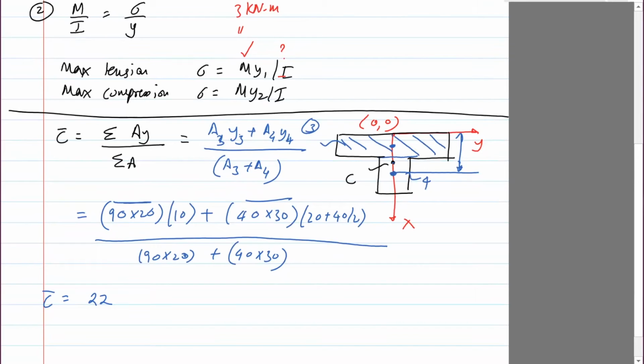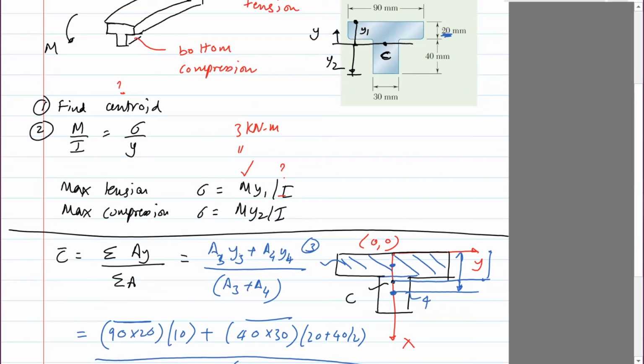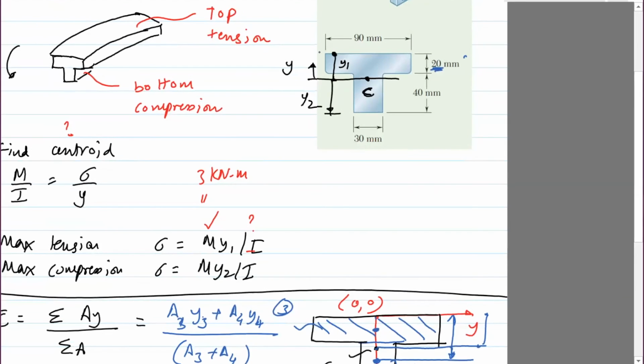Okay, so now once we know C, we can find Y1, which I said is the distance from this point all the way to the top. So this is 22, and so Y1 you can see is 22. That's right, yeah.